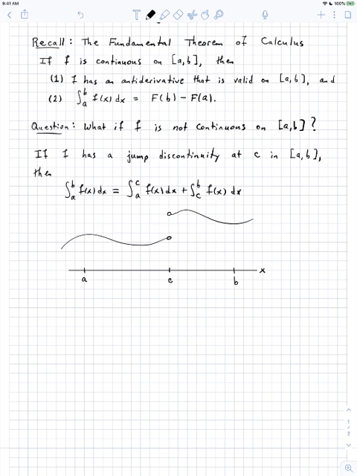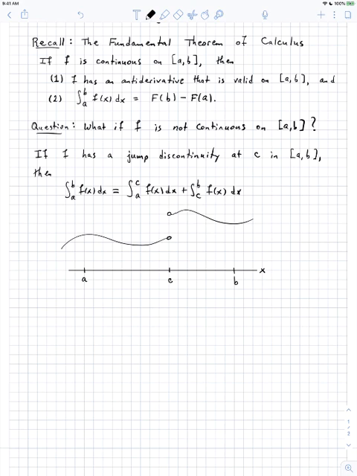If you want to integrate from a to b, you can do that by simply integrating from a to c first, and then adding another integral from c to b. So you do each one separately, and that's fine.